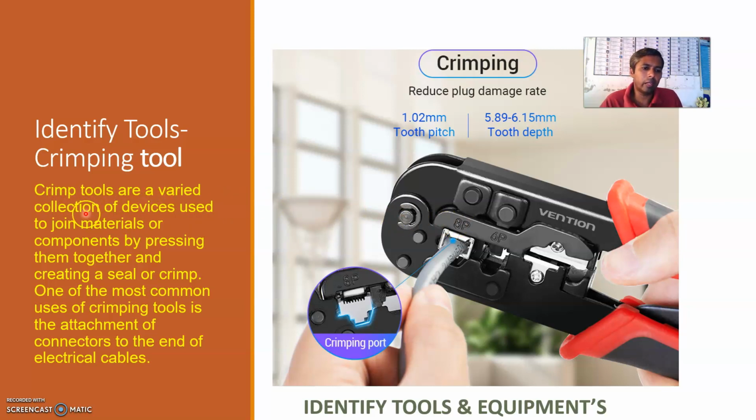Crimping tools are a varied collection of devices that join materials or components by pressing them together and creating a seal, or crimp. One of the most common uses of crimping tools is the attachment of a connector to the end of an electrical device. We use this tool tomorrow. Today we only identify this tool.